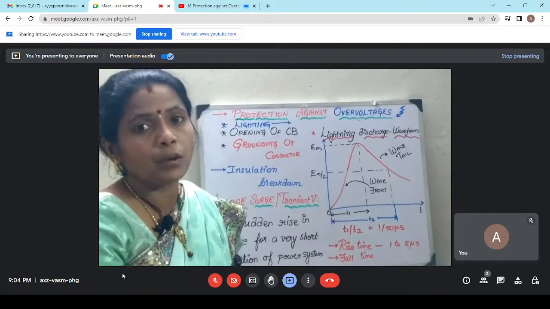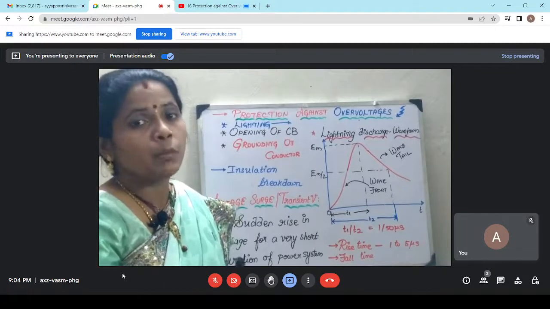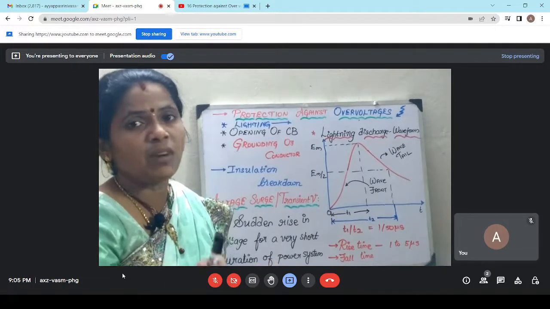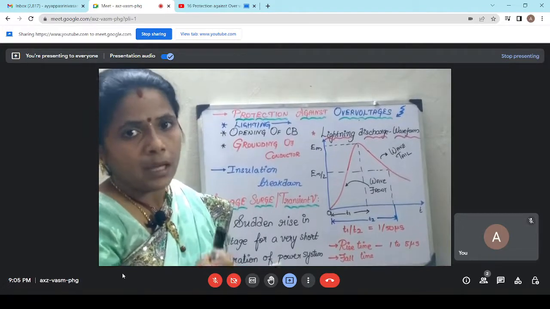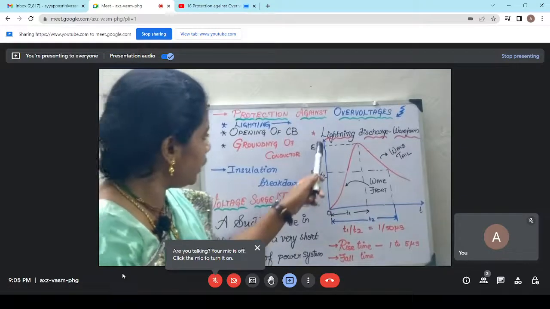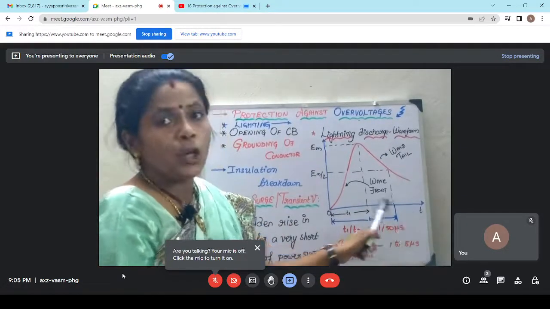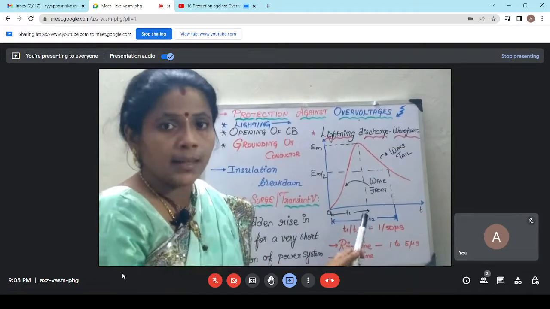But even such high magnitude of the voltage might lead to the equipment failure. So it becomes utmost necessity that we devise some device to protect the equipments from this lightning waveform.